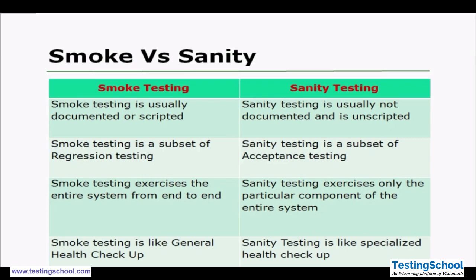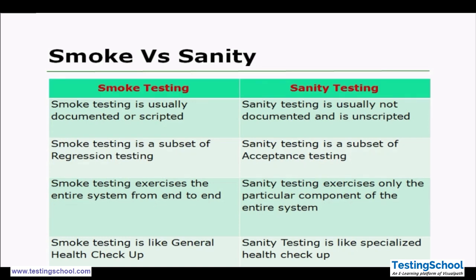Smoke testing is a subset of regression testing, but sanity testing is a subset of acceptance testing. Smoke testing exercises the entire system from end to end, but sanity testing exercises only a particular component of the entire system.